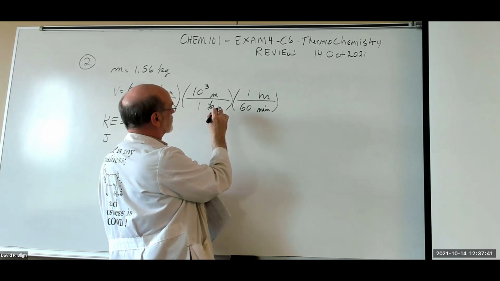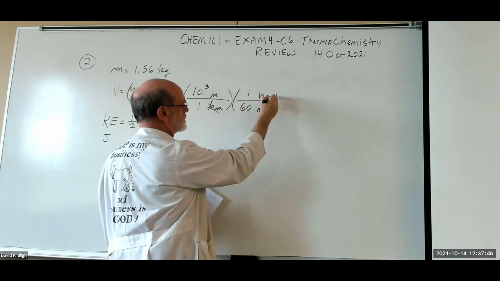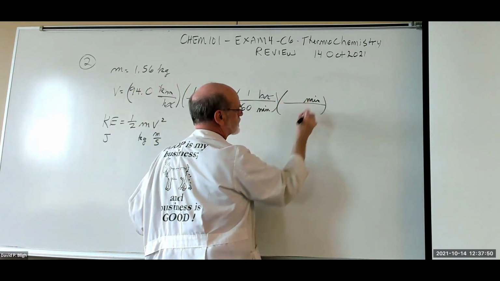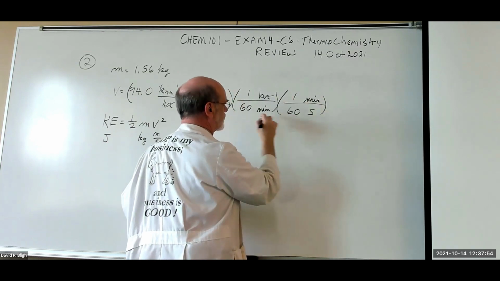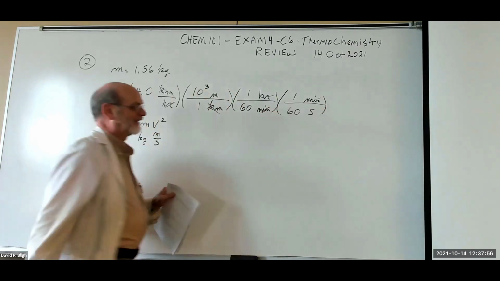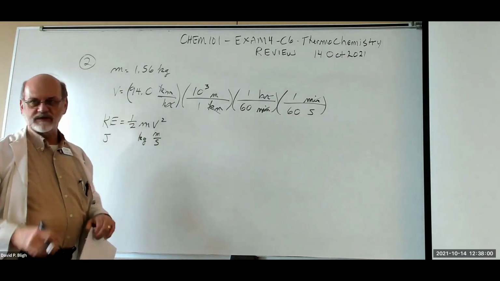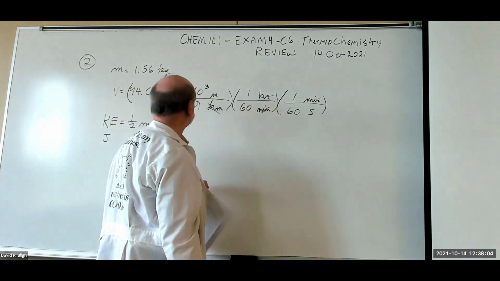And that gets rid of hours. And now we get rid of minutes, change the minutes to seconds. So 60 seconds in 1 minute. So that gets rid of minutes. Okay. I could have given you the answer, but this is more fun. 3,600 seconds in an hour.